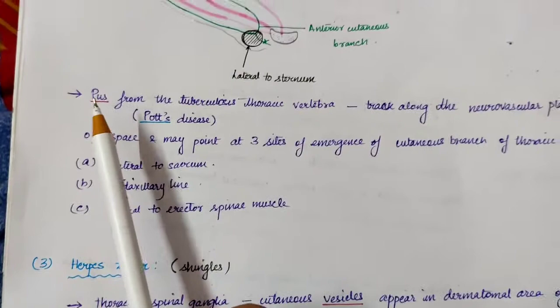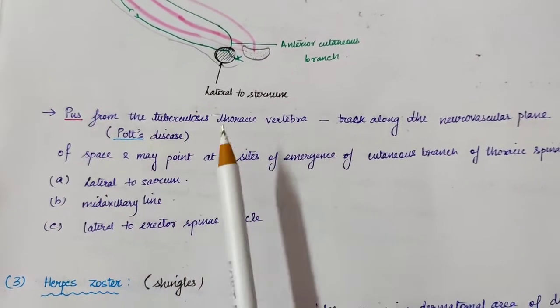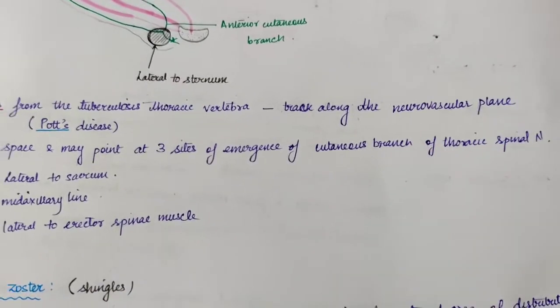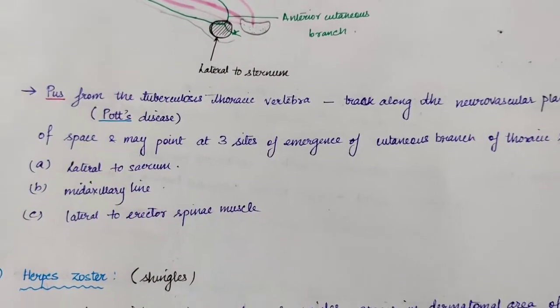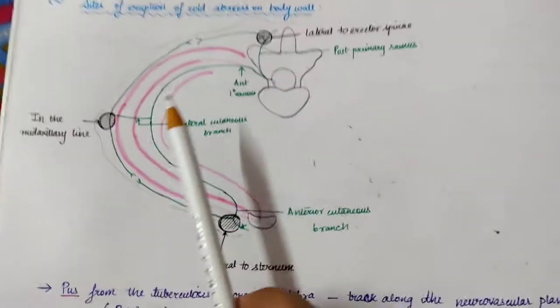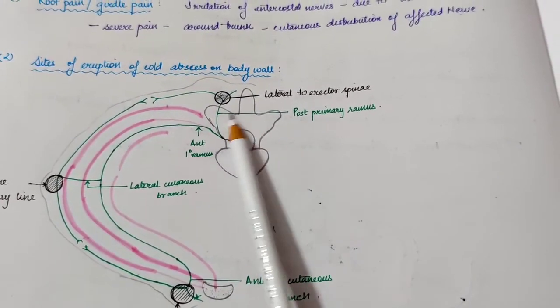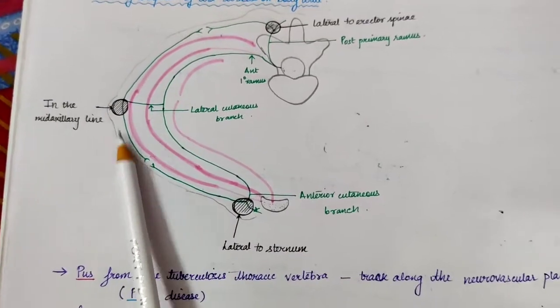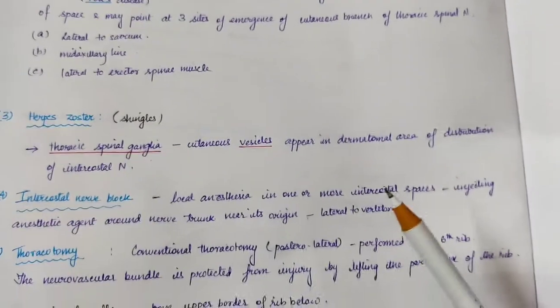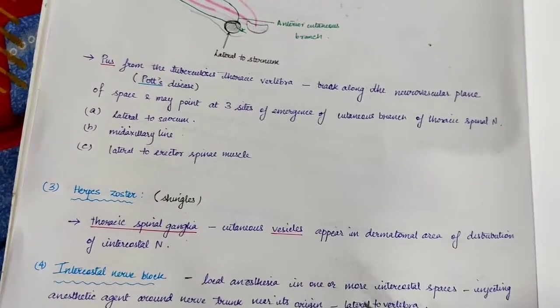Now, if pus is formed due to tuberculosis, it may track along the neurovascular plane. This is called Pott's disease of the spine and may point at 3 sites. What are these 3 sites? Lateral to the erector spinae, the mid-axillary line, and lateral to the sternum. And these may cause many complications.